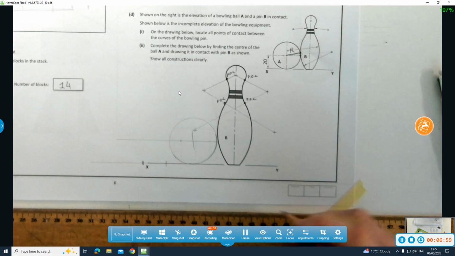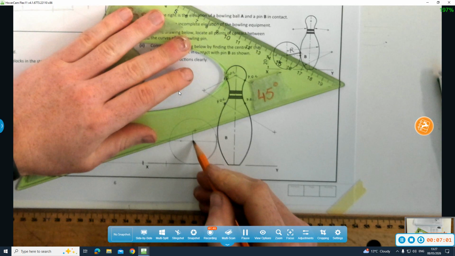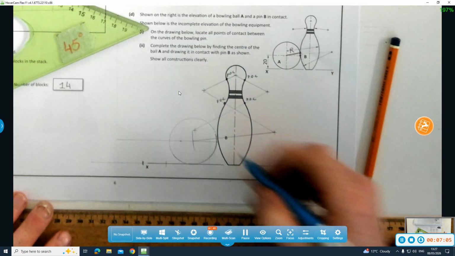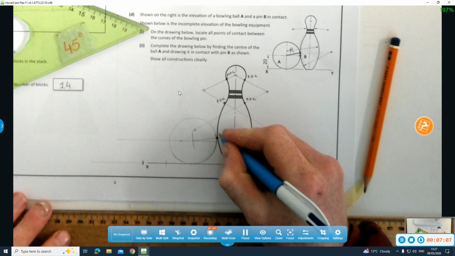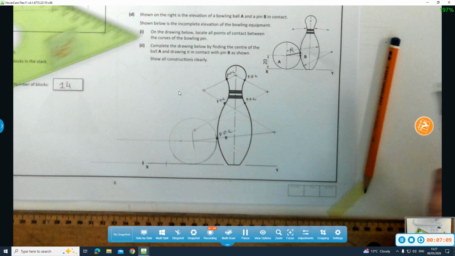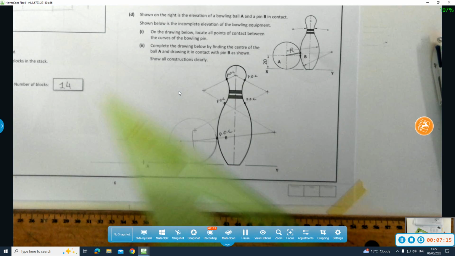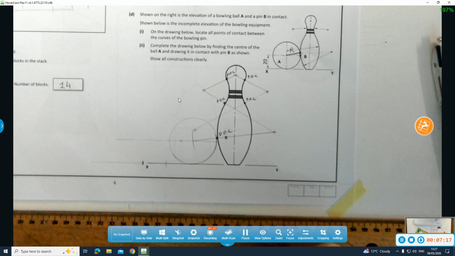Now to get our point of contact, we join our two centres, remember? And that there then is the point of contact for that one. So that's that page fully completed. It's question 4 up as far as part D of the 2025 exam paper.